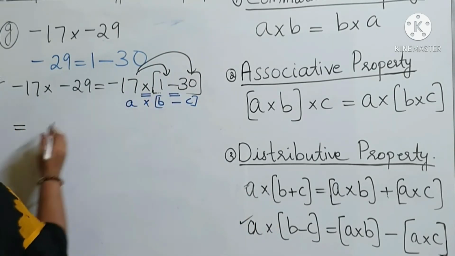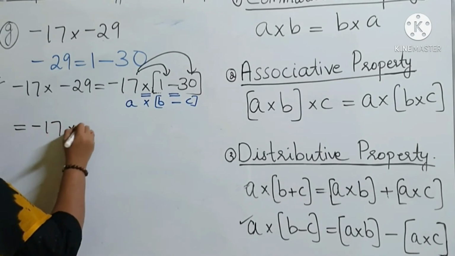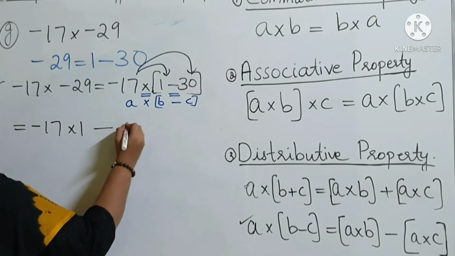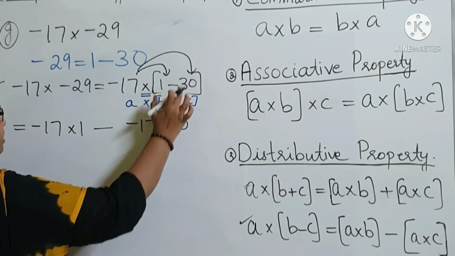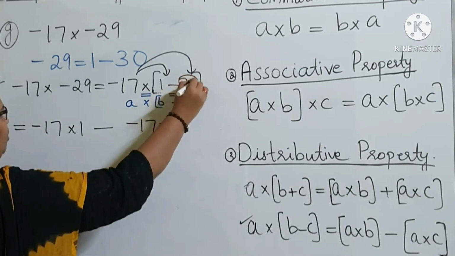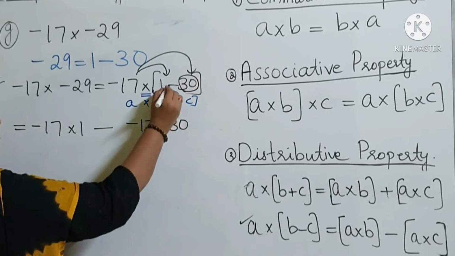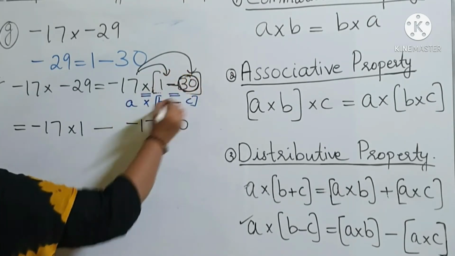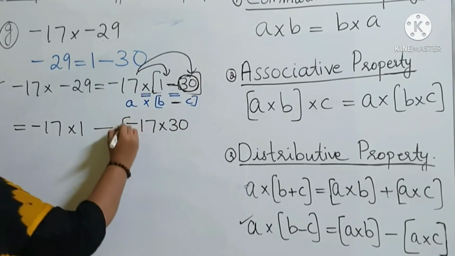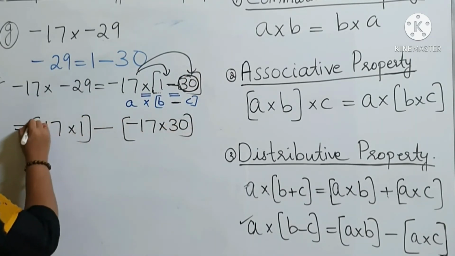So A into B, that is negative 17 into 1, minus negative 17 into 30. Don't write negative 30. In the place of C only 30. This minus is the subtraction minus, and this number is positive. So negative 17 into 30.